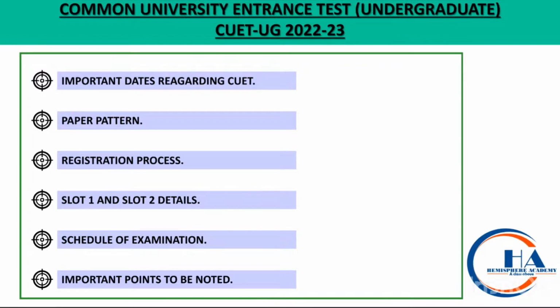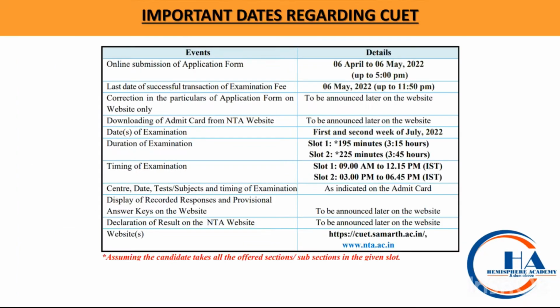The topics which I will be covering today are the important dates regarding CUET, the paper pattern, the registration process, the slots in which the paper will take place, that are slot 1 and slot 2, the schedule of the examination, and the important points to be noted that students mostly miss out when they read a 110-page bulletin or sometimes don't really feel the need of reading. So now let's get started.